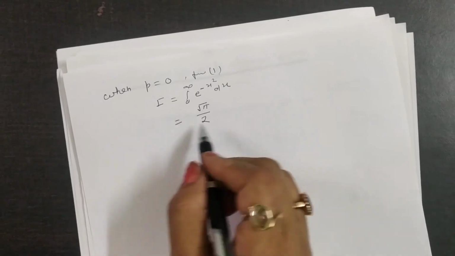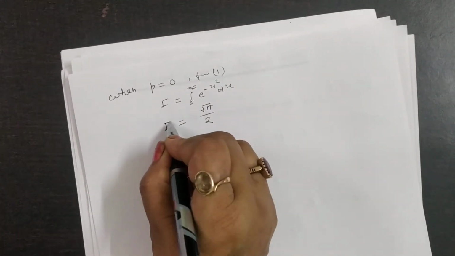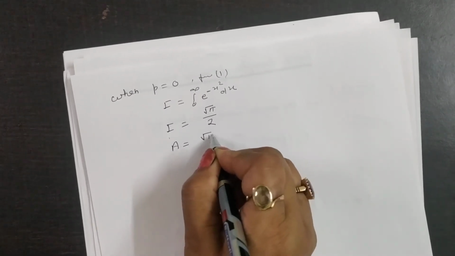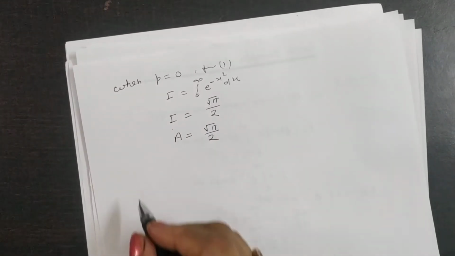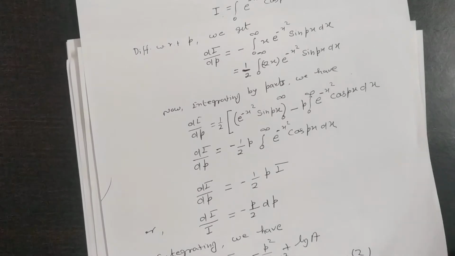Equating these, we get a equal to root pi by 2. Yes, clear? Now substituting in equation 2, we get the result.